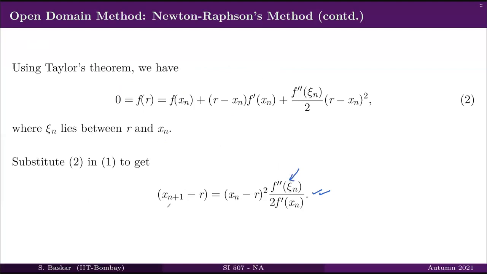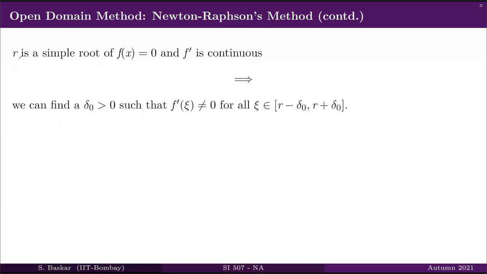Now let us see how to use this expression to prove the conclusions of our theorem. Recall that we have assumed our root r is a simple root of the equation f(x) equal to 0, and also we assumed that f is a C2 function. Therefore, in particular, f' is continuous.